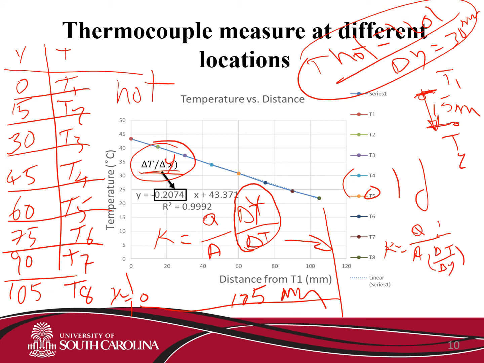Q over A is the heat flux, this is area, and delta T over delta Y is the gradient. You can apply this number, 0.20474, and then you find the thermal conductivity. This is what I need you to calculate, the thermal conductivity.